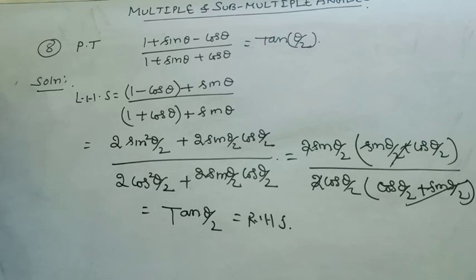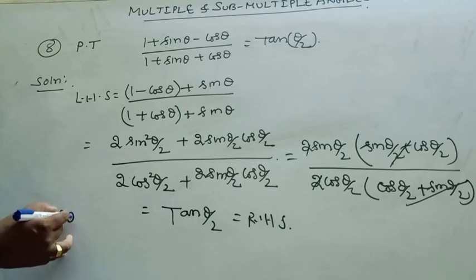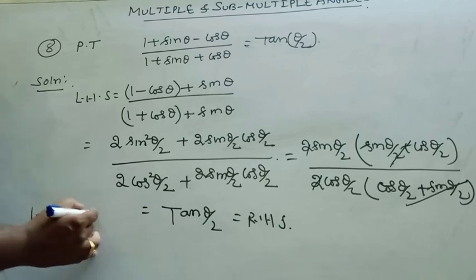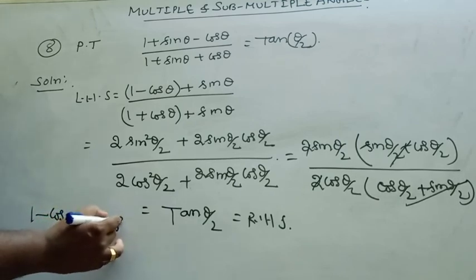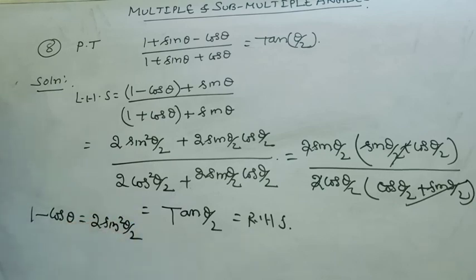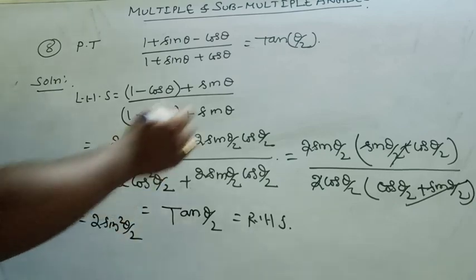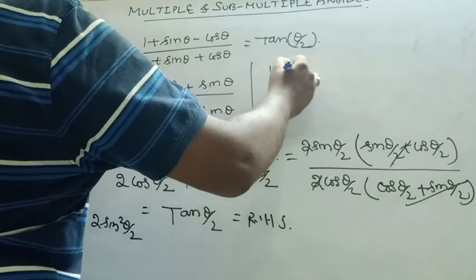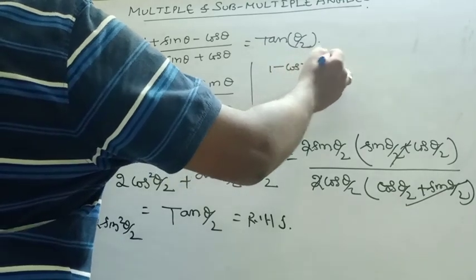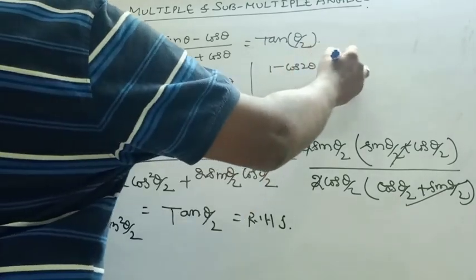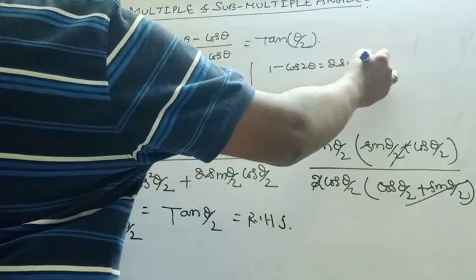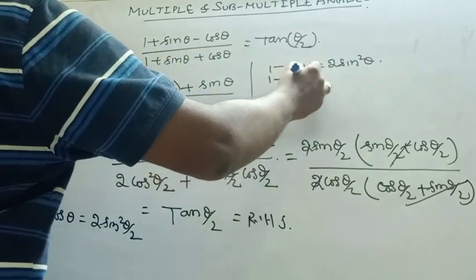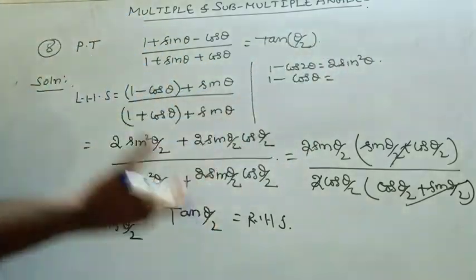Right, my dear students, the half angle formulas we have used are: 1 minus cos theta is equal to 2 sin square theta by 2. Once again I am repeating, see here, we know that 1 minus cos 2 theta is equal to 2 sin square theta, and for the half angle formula, half angle means you need to take half of the angle.